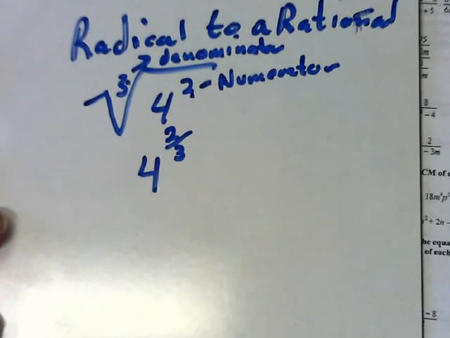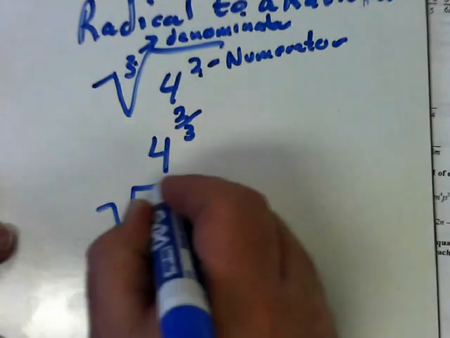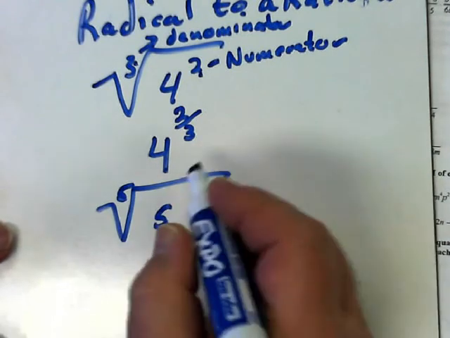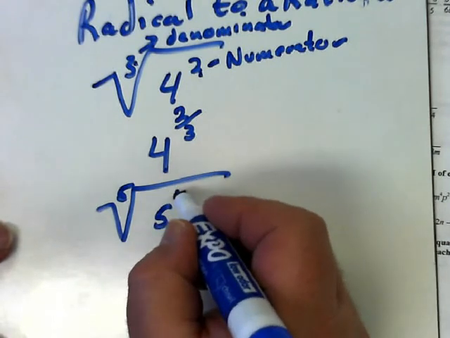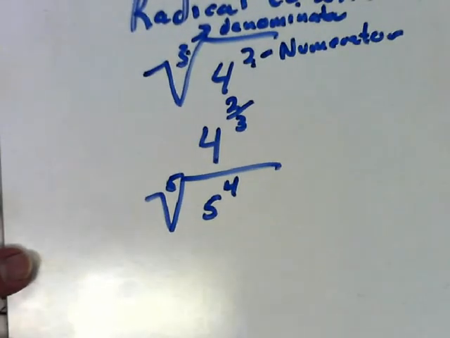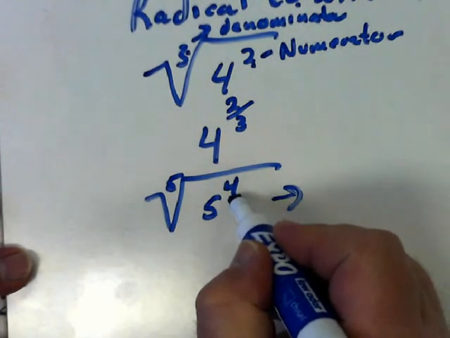Okay? So if I had the 5th root of 5 to the 4th, and I wanted to write that as a rational exponent, the 4 would become what? Numerator.